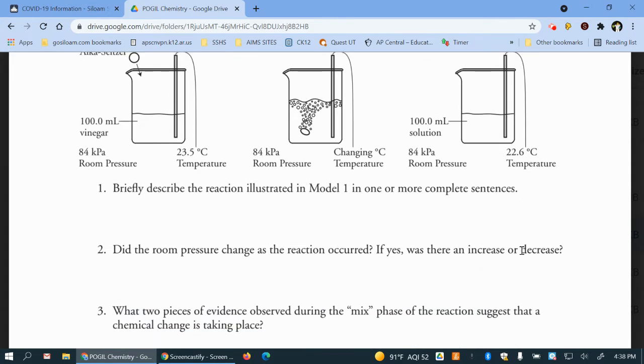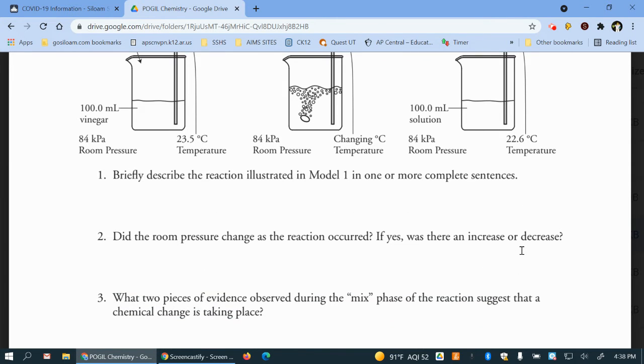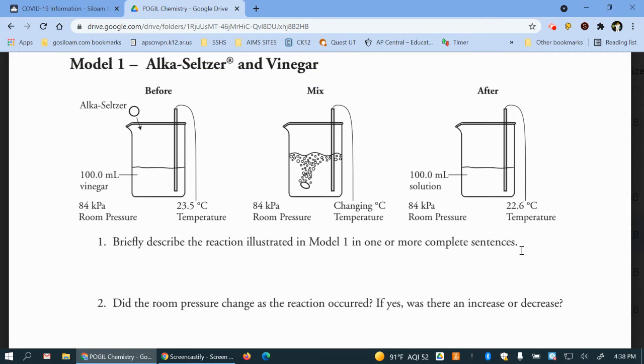Let's scroll down to read number 3 to you. What 2 pieces of evidence observed during the mix phase of the reaction suggest that a chemical change is taking place? Pause and answer this question. Nice. The way I answered this question, looking at the mix beaker, I said that I can see a gas is being produced, and gas is evidence of a chemical change.